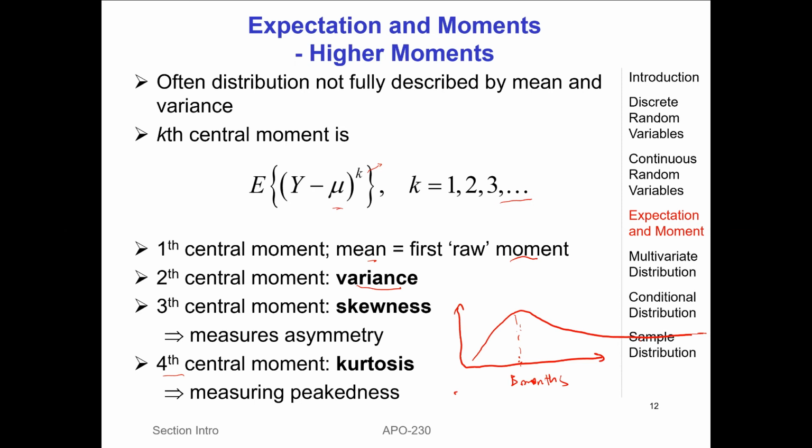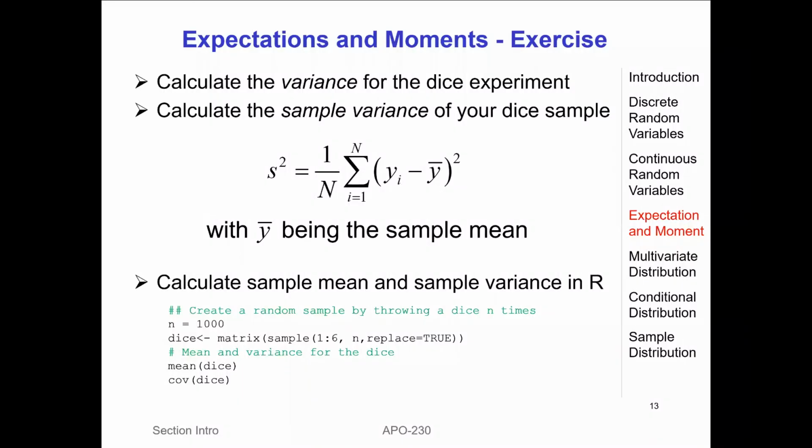Now, let's go back again to the dice example and calculate the sample mean and also the sample variance of this sample, to see how it can be different from the theoretical expected value and variance that we have.